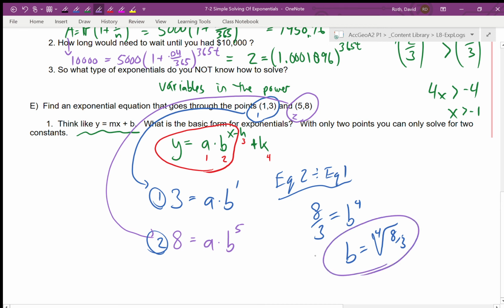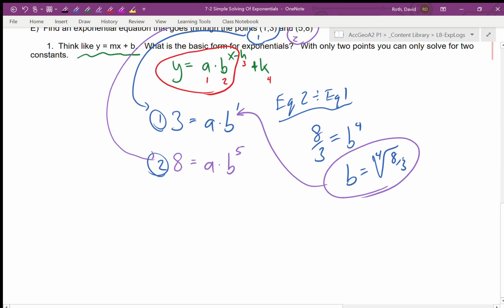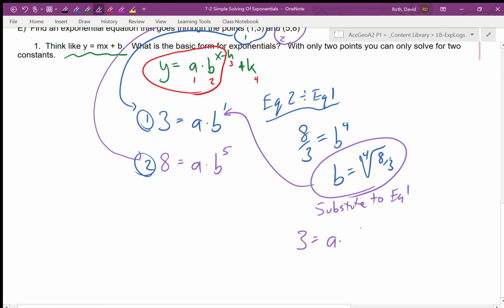Which one's easier to work with? Well, that one looks nicer to me. So I'll substitute it back into equation 1. And then I get 3 is equal to A times the 4th root of 8/3.